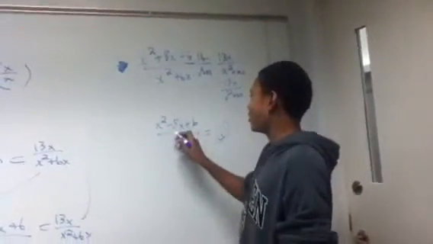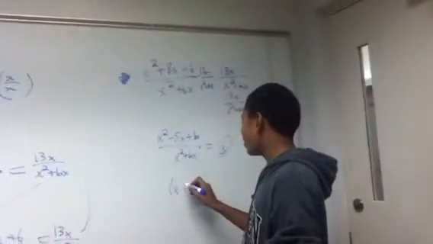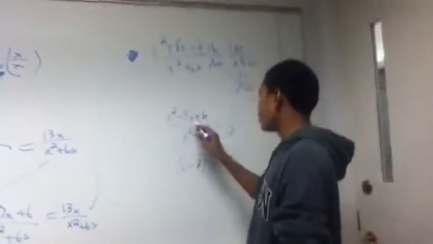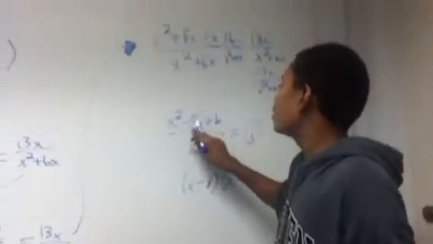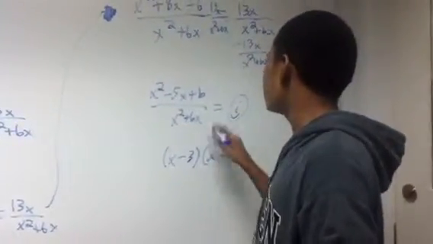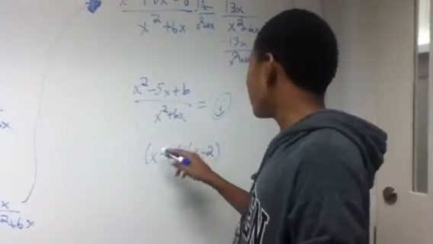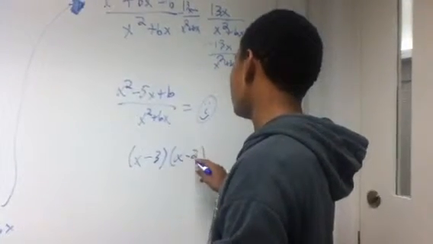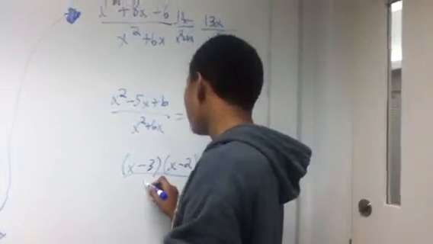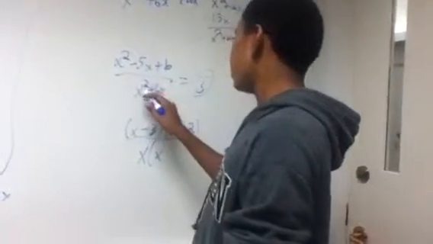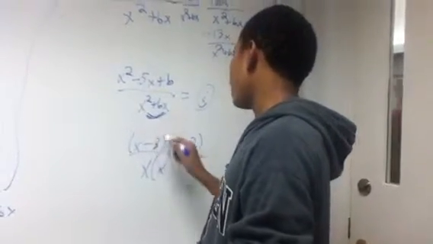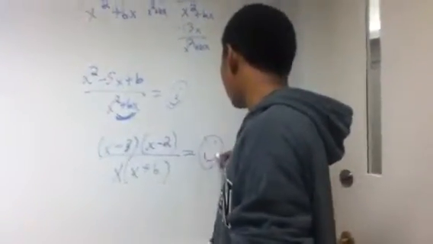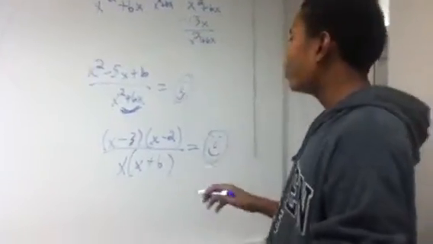Anyway, so we can factor and we'd get x minus 3 times x minus 2, because if we take factors of 6, positive 6, that equal negative 5, negative 3 times negative 2 equals 6, and negative 3x plus negative 2x equals negative 5x, over, if we simplify this, x times, and then we could take an x out of these two because they both have an x, so x plus 6 equaling 0.